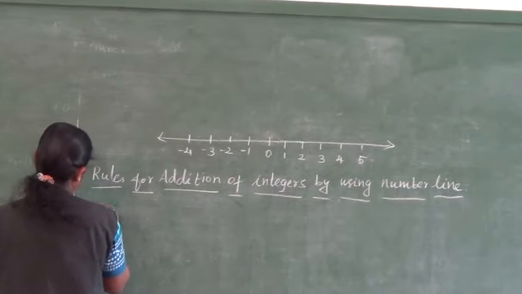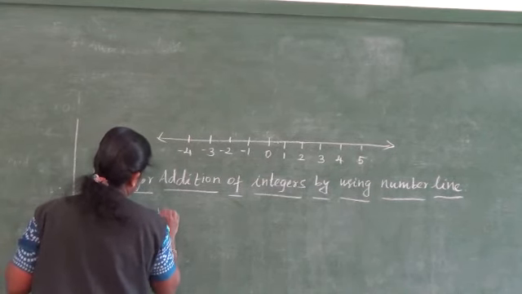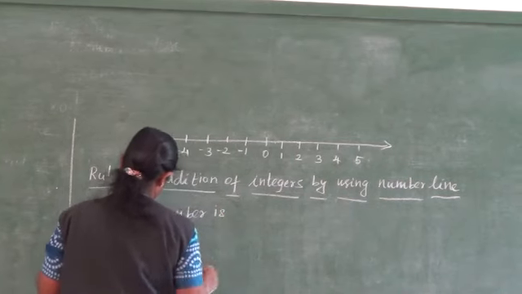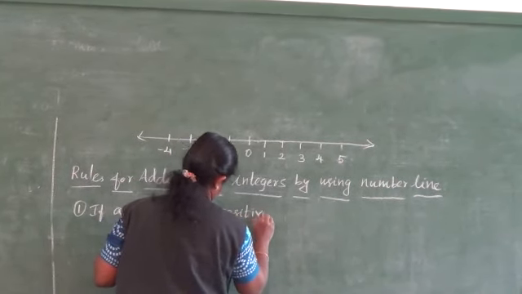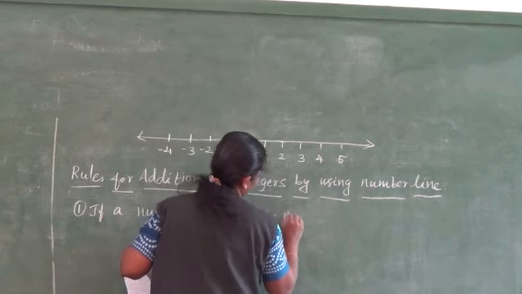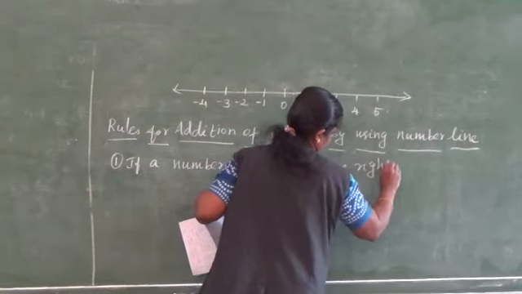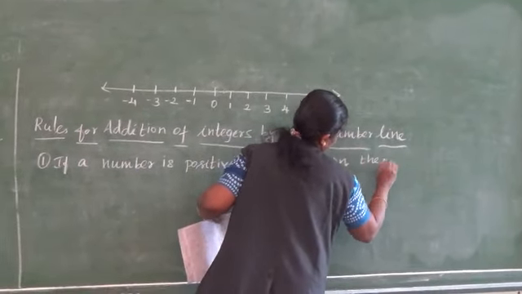First rule, if a number is positive, move right on the number line.